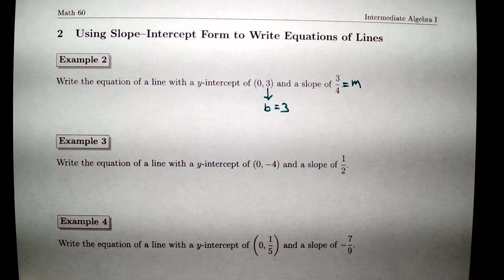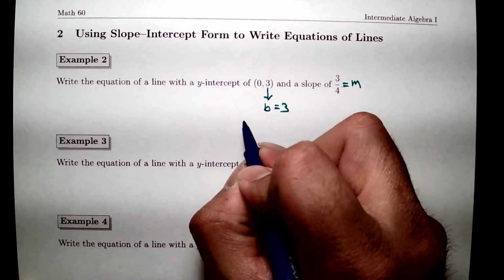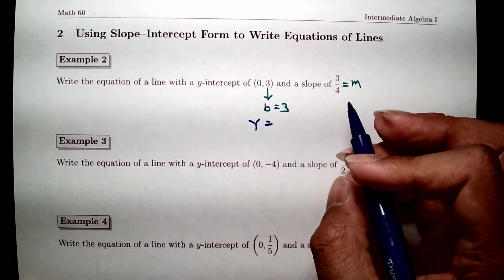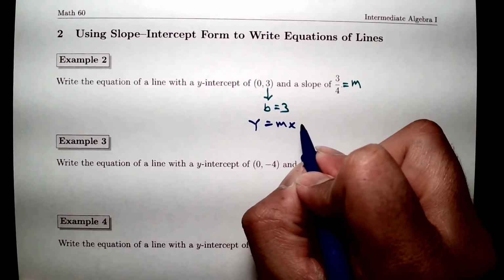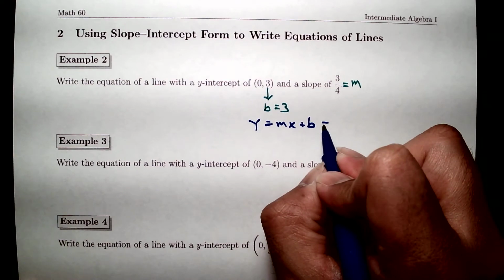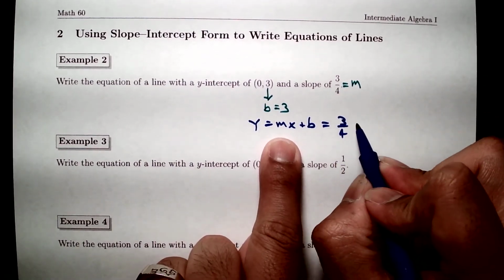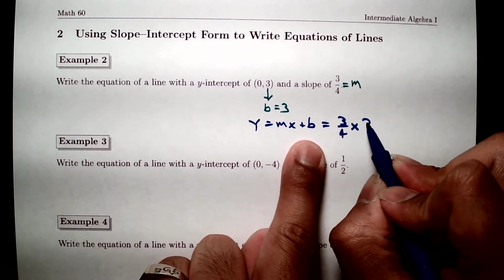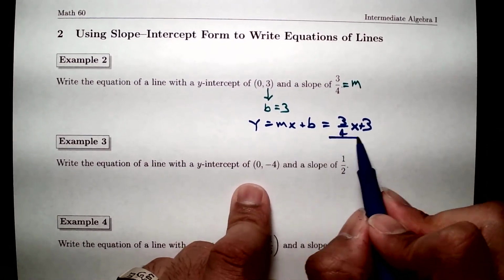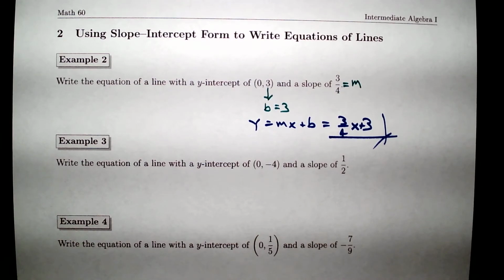It's easy: starting from y equals mx plus b, all we do is plug in m, which is 3/4, and b, which is 3. And that's about it.